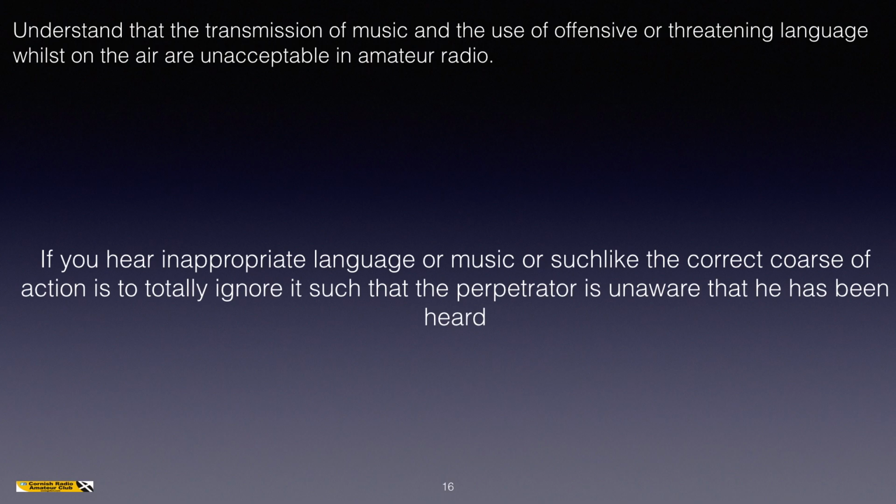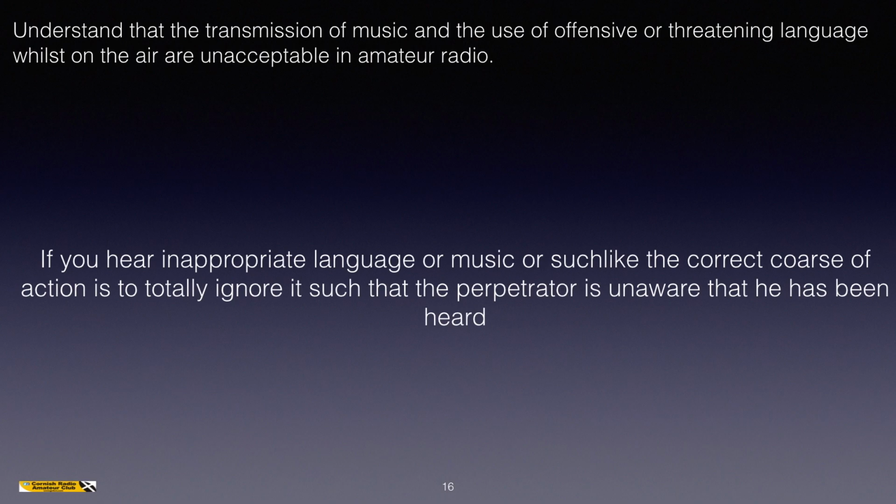And this is an item that does come up in the tests occasionally. What should you do? Should you A, inform the person that it's unacceptable, B, report him, C, etc. So the answer there on the screen is a commonly used answer. Just simply ignore it. And I think this has been found as the best way of discouraging such behaviour.